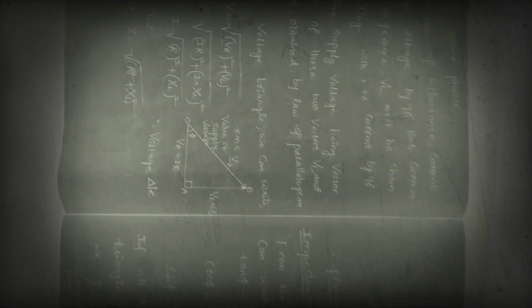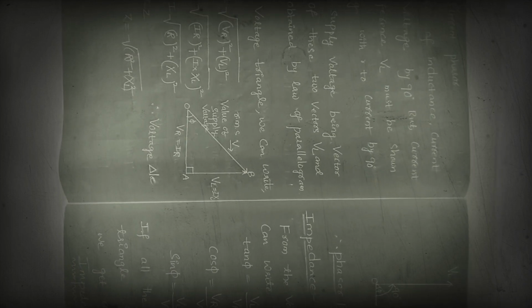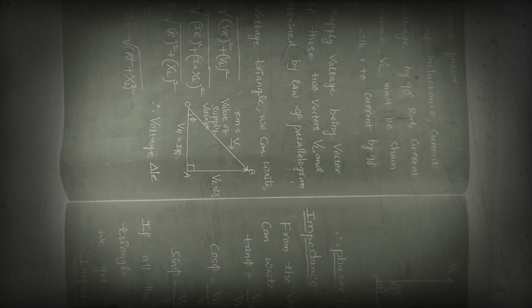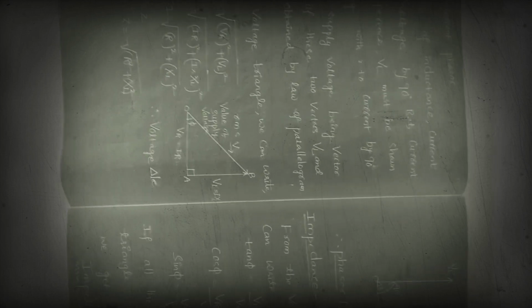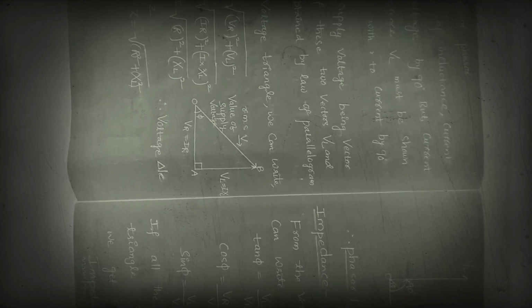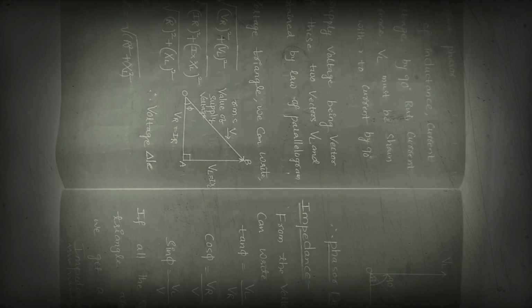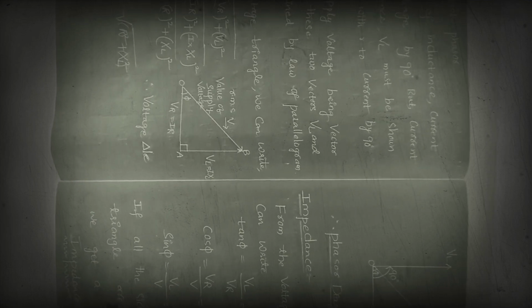If I divide VR by I, I get R, and likewise if I divide VL by I, I get XL, and if I divide the hypotenuse V by I, I get Z. So like that, if I divide all these terms by I, we will get the impedance triangle.